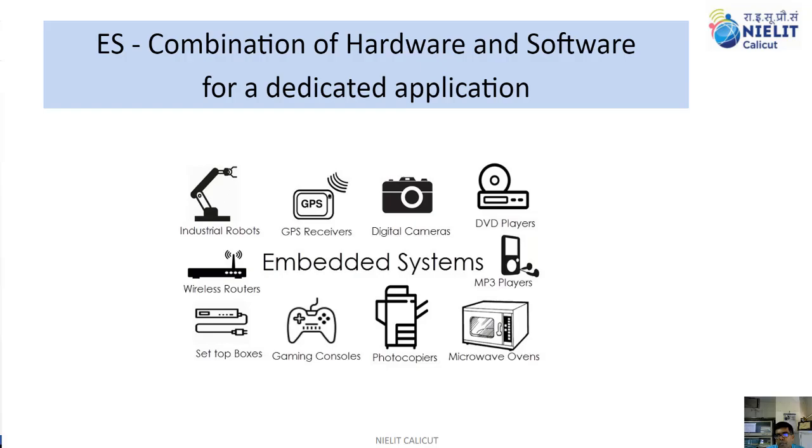Most embedded systems, as we mentioned, are a combination of hardware and software, generally used for dedicated applications. And there is a wide variety of applications available across various industries.